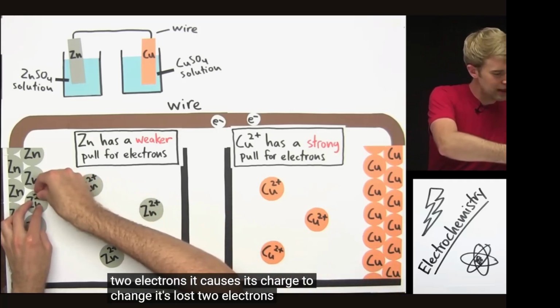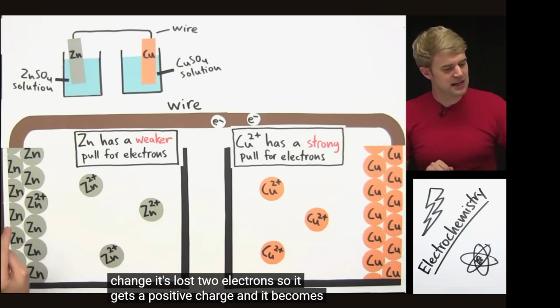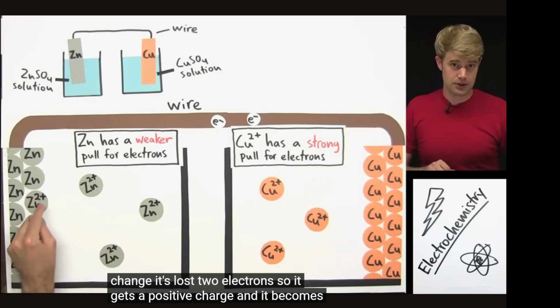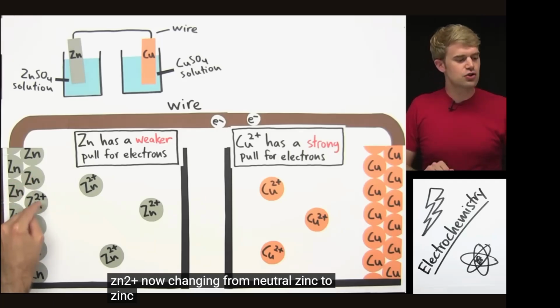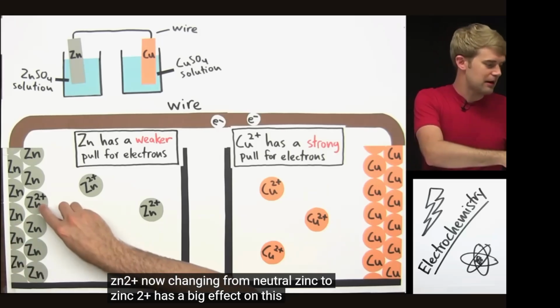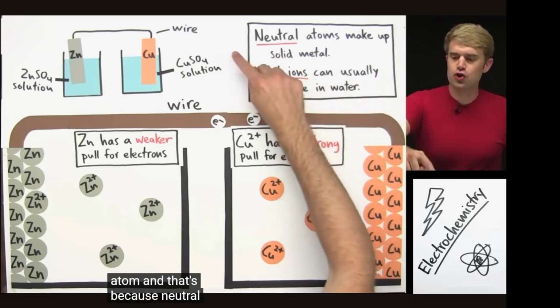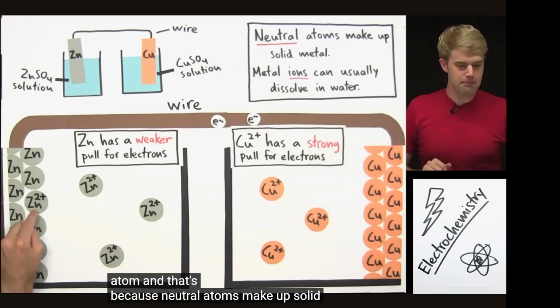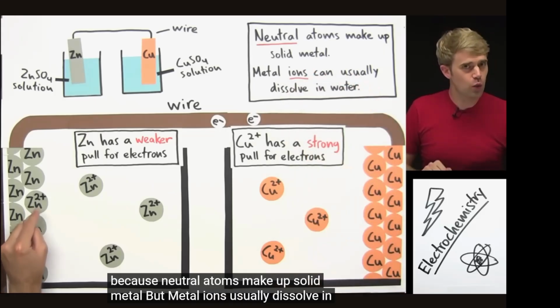It's lost 2 electrons, so it gets a positive charge, and it becomes Zn2+. Changing from neutral zinc to Zn2+ has a big effect on this atom, because neutral atoms make up solid metal, but metal ions usually dissolve in water.